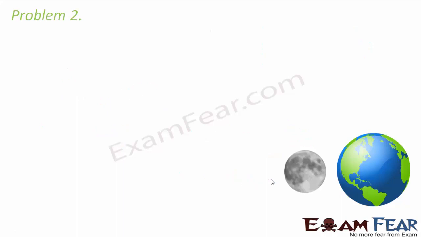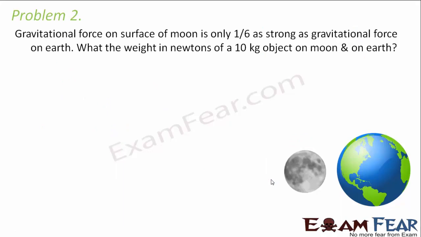So let us look at the second problem. It says the gravitational force on the surface of the moon is only 1/6 as strong as the gravitational force on Earth. What is the weight in newtons of a 10 kg object on the moon and on Earth?